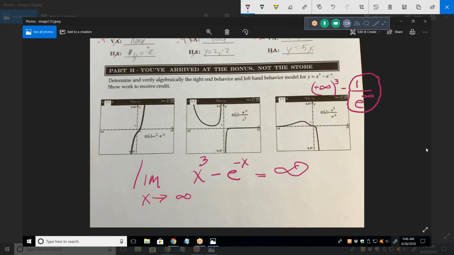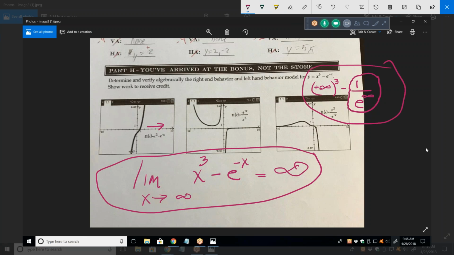In other words, I can tell that y is going to positive infinity as I go in this direction. So yes, the graph confirms that we're going to positive infinity. How would you verify algebraically? This right here is the algebraic verification.